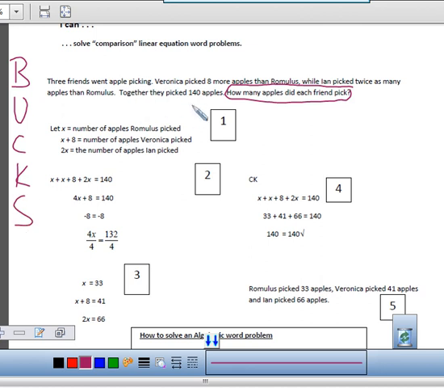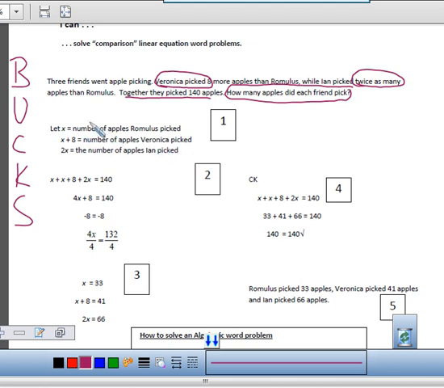So, some important details. Veronica picked 8 more apples than Romulus, and Ian picked twice as many apples as Romulus. Also, we know together they picked 140 apples. What don't we know? Well, we don't know the number of apples Romulus picked, so that is our let statement for our variable: let x equal the number of apples for Romulus.